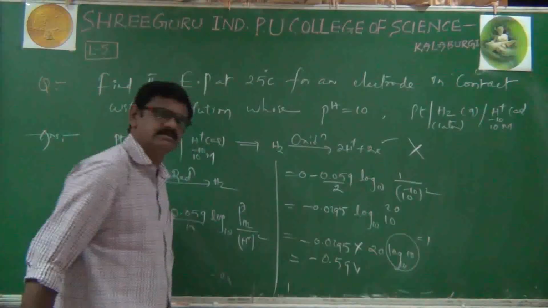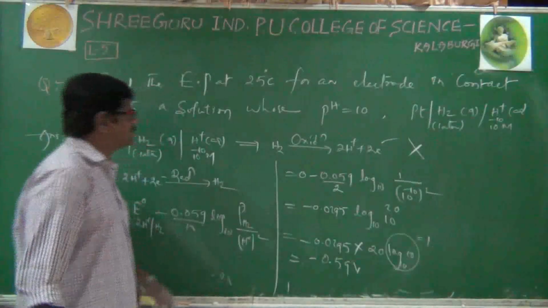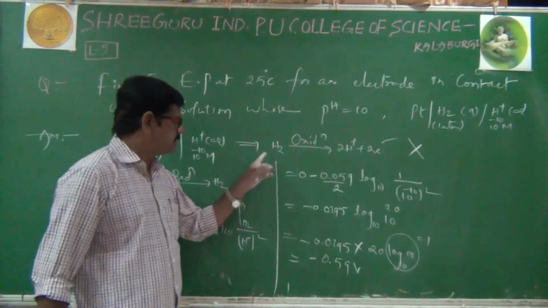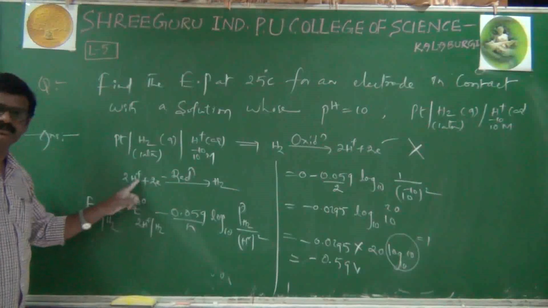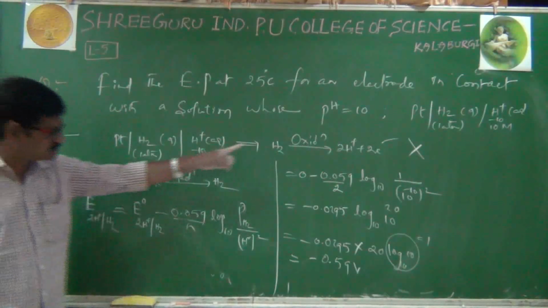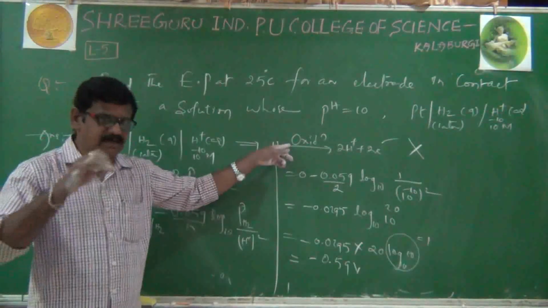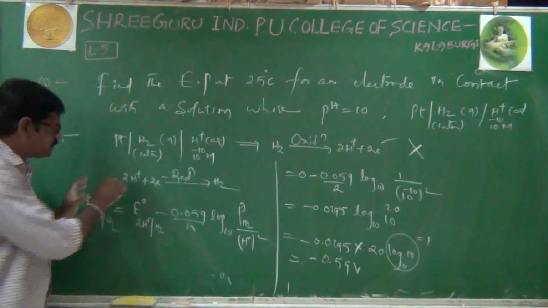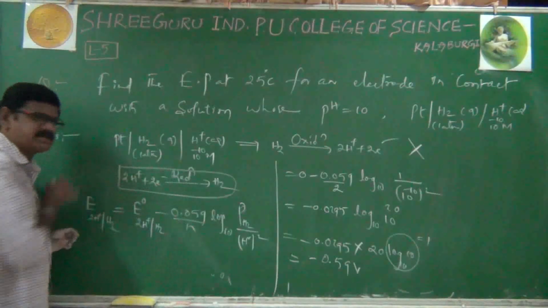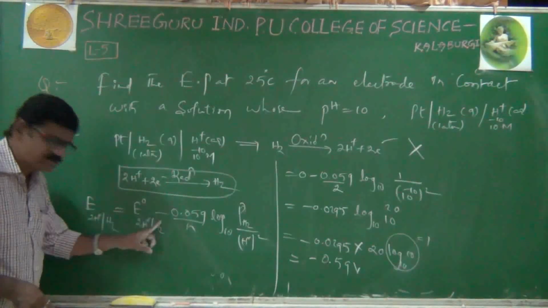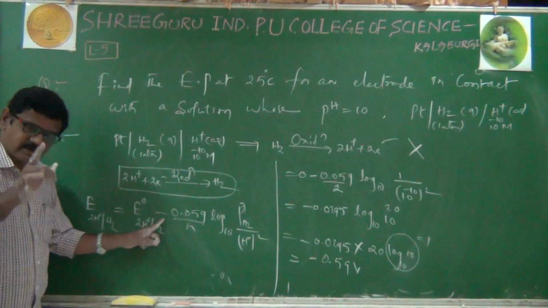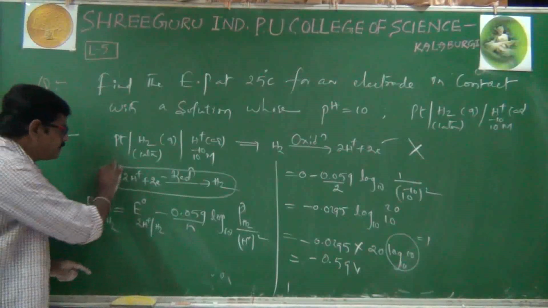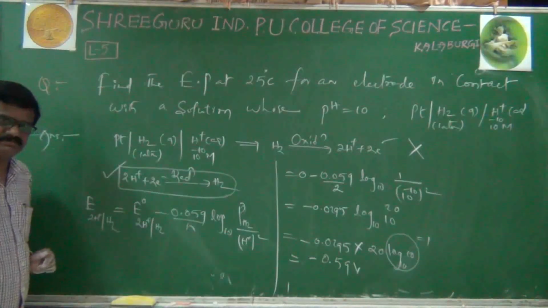Okay, but in the question he has not asked for the reduction potential. He has asked this one only. But what we are doing, oxidation we have converted into our regular reduction process, because this Nernst equation will be used when you are using a reduction reaction.